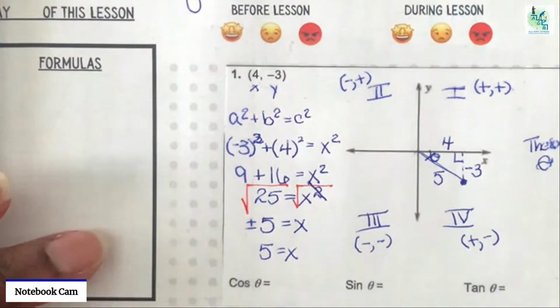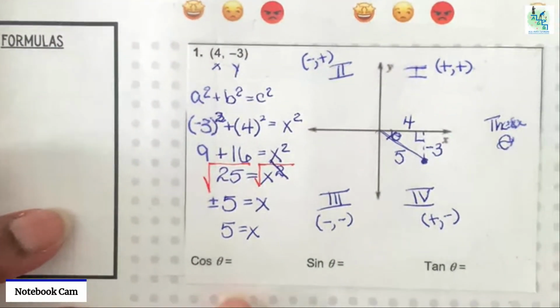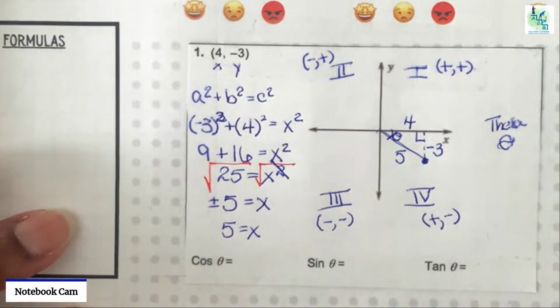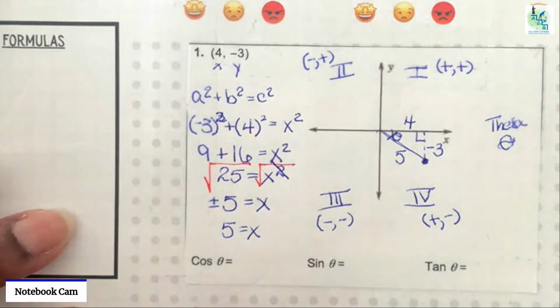Now, we need to go with SOHCAHTOA. All right, so with the CA, that's your cosine of theta, which is your adjacent side over hypotenuse.